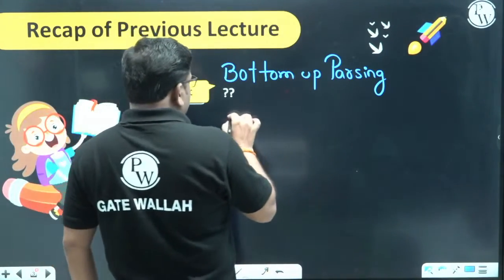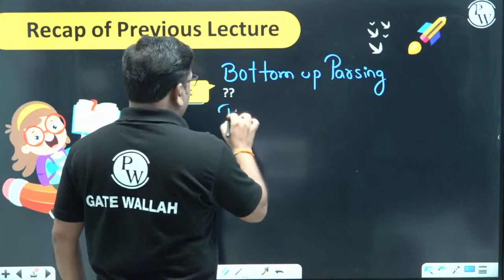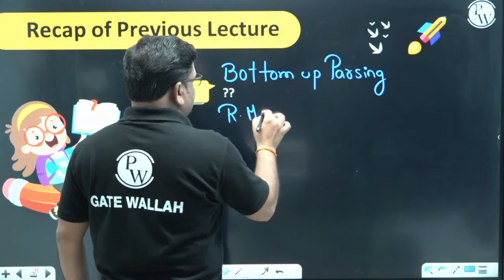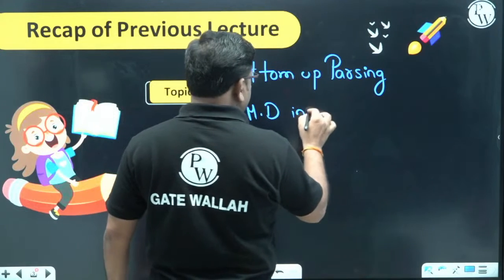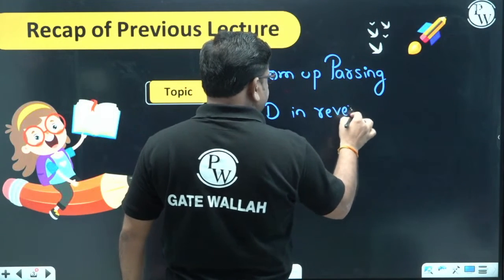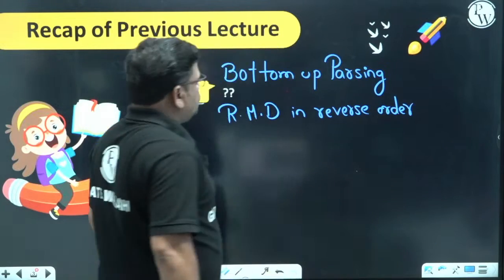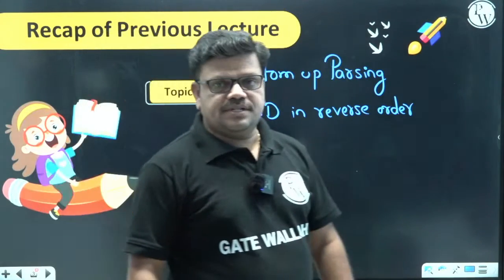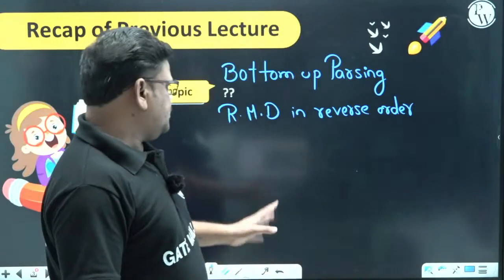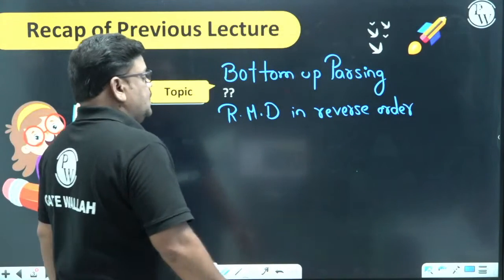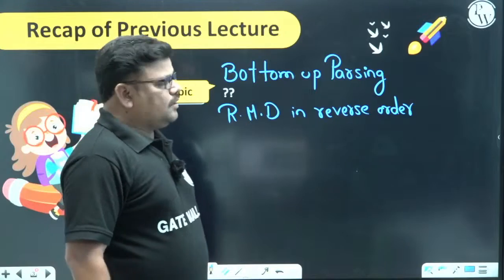And what is the derivation used in bottom up parsing? Bottom up parser uses rightmost derivation in reverse order. This is the derivation used in the bottom up parsing. And next one is bottom up parser is a more powerful one.